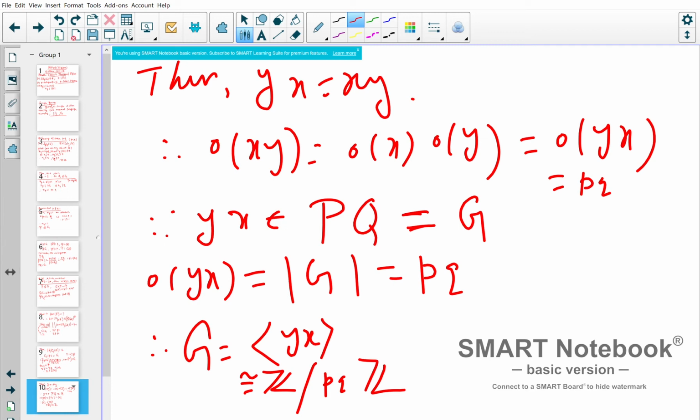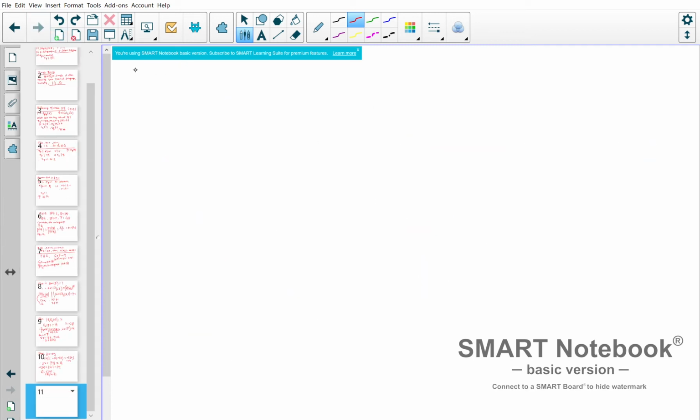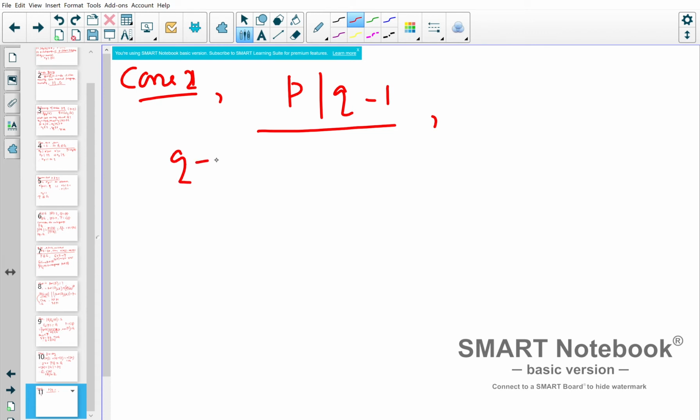So in case 2, when P divides Q minus 1, then what happened? Then Q minus 1 equals some k1 into P, and hence k1 P plus 1 equals Q, right?